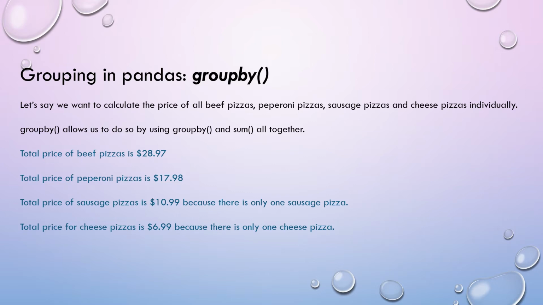So now we will take a look at group by. Let's take an example where we want to calculate the price of beef pizza, pepperoni pizza, sausage pizza and cheese pizzas individually. Here you can easily see that we need a classification or a filter to sum up the price of pizzas, and this filter is the class column.